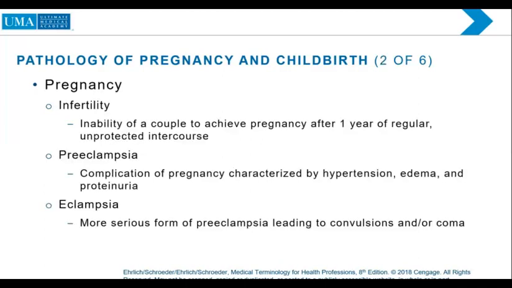Infertility is the inability of a couple to achieve pregnancy after 1 year of regular, unprotected intercourse. Preeclampsia is complication of pregnancy characterized by hypertension, edema, and proteinuria. Eclampsia is a more serious form of preeclampsia leading to convulsions and/or a coma.